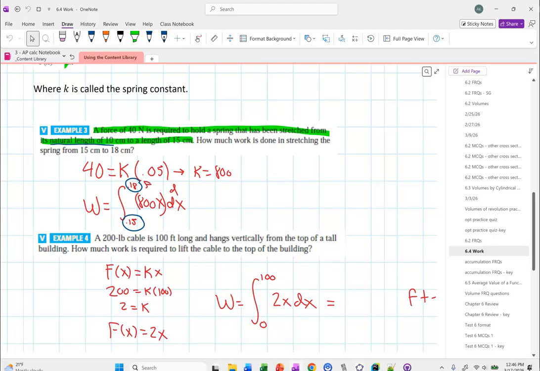So it's example 3, right? The spring one. Anybody see the mistake? It has to do with the bounds.